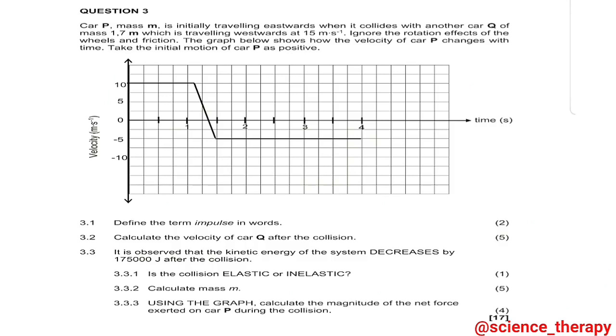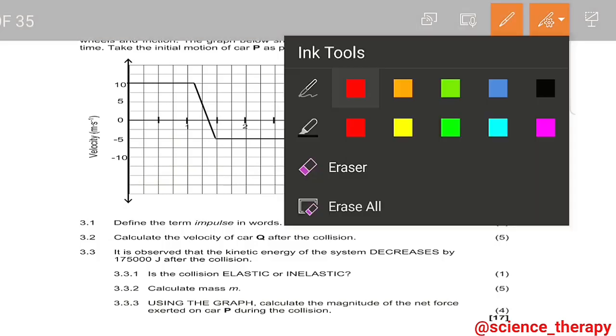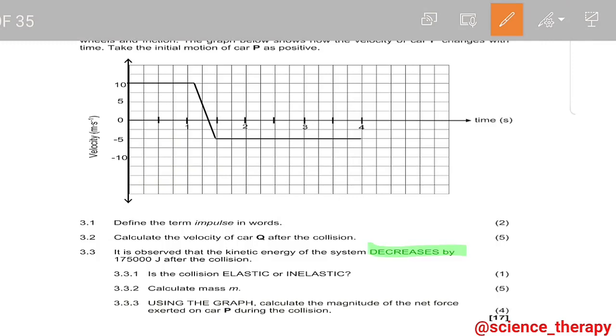Let's move along. Now 3.3 says it is observed that the kinetic energy of the system decreases by 175,000 joules after the collision. 3.3.1 says, is the collision elastic or inelastic? So remember, we can see a keyword there, decreases by 175,000 joules after the collision.